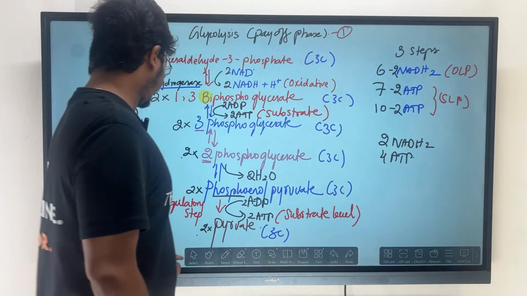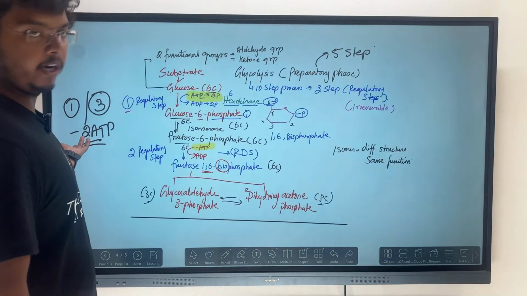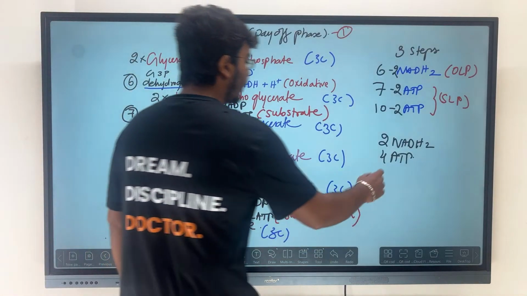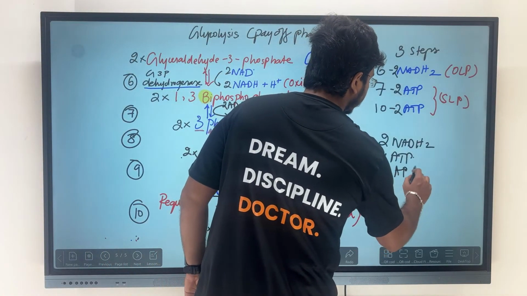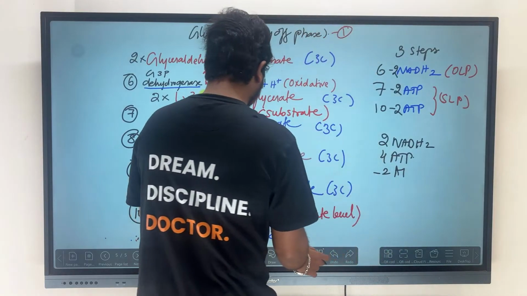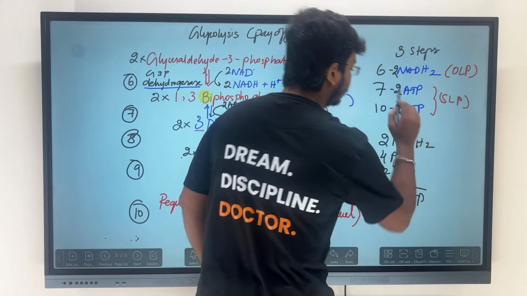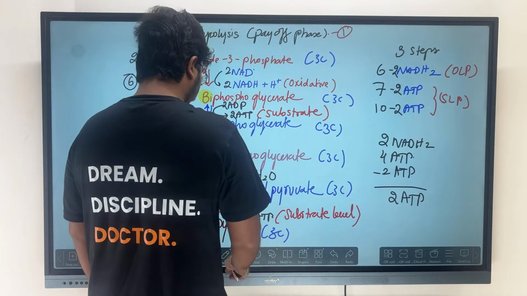Okay, I already lost 2 ATP, right? So what I'm going to do, I'm going to compensate that. So I'll get net 2 ATP.